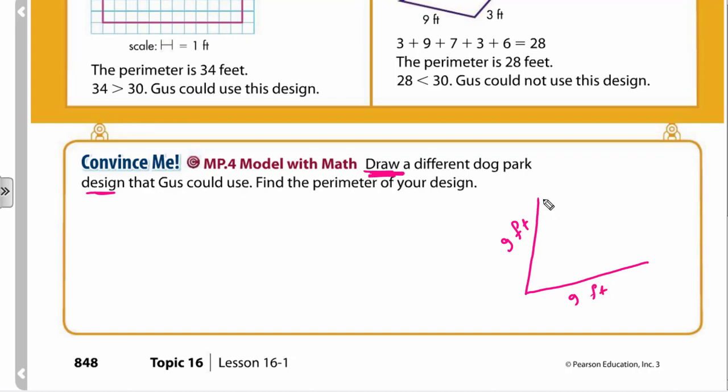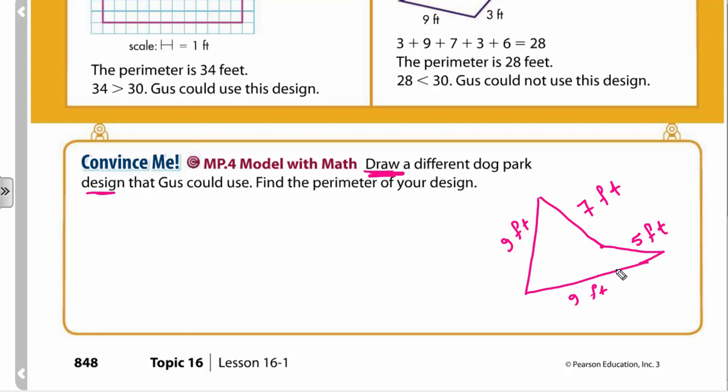I want to make here 1 or 2 sides. It's okay because it's my design. I can change anything in the design. Okay, let's make a line like this. And what about a line like this? So I have 2 lines. I have this one and this one. Okay, let's say that this one, for example, is 7 feet, and this one is 5 feet.